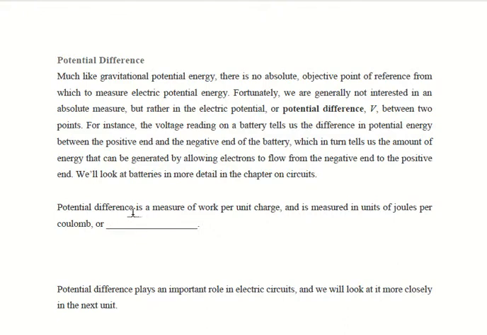So potential difference, all we need to know right now is just a measure of how much work we can get out depending on how much charge. And we measure it in joules per coulomb. So in equation form, it would look like V, potential difference, is equal to work divided by charge.